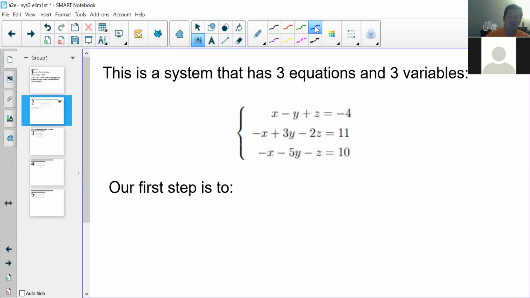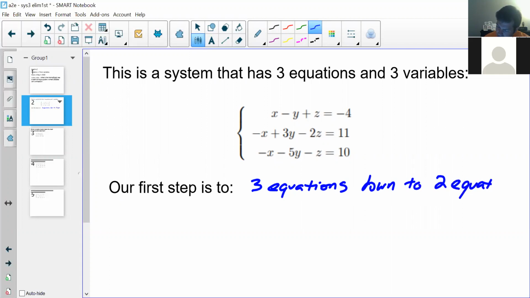So our first couple steps here would be, in order to start this problem off, we have three equations here, and we want to take it down to two equations. And the same could be said, hopefully, for the most part, with the variables also.